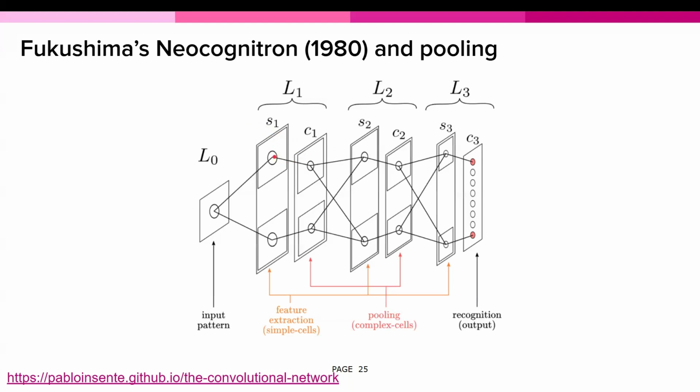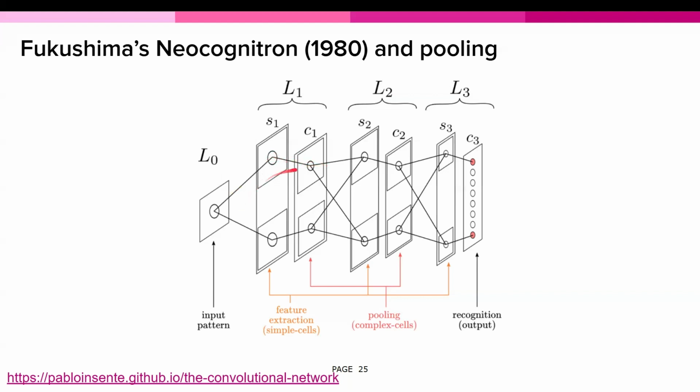A couple of comments. The neocognitron is trained in an unsupervised fashion, and during training, only the connections from C cells to S cells are modified. So the network learns which features to extract. In other words, the connections from the S cells to the C cells are fixed.